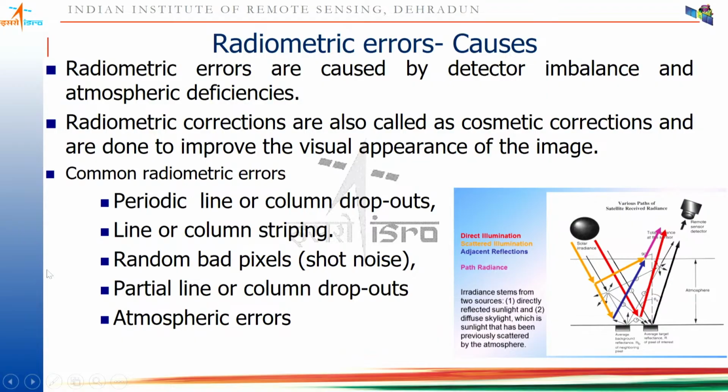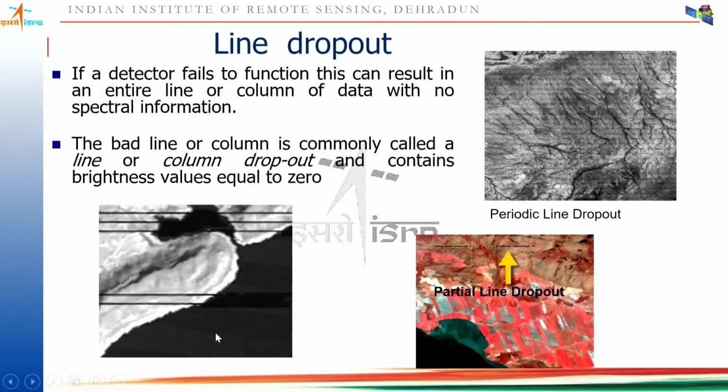Periodic means that after every certain line or column there is a dropout or a striping. What is the difference between the two, we will discuss in the subsequent slides. There can be random bad pixels, partial line and column dropouts, and atmospheric errors. So these are the reasons for radiometric errors.